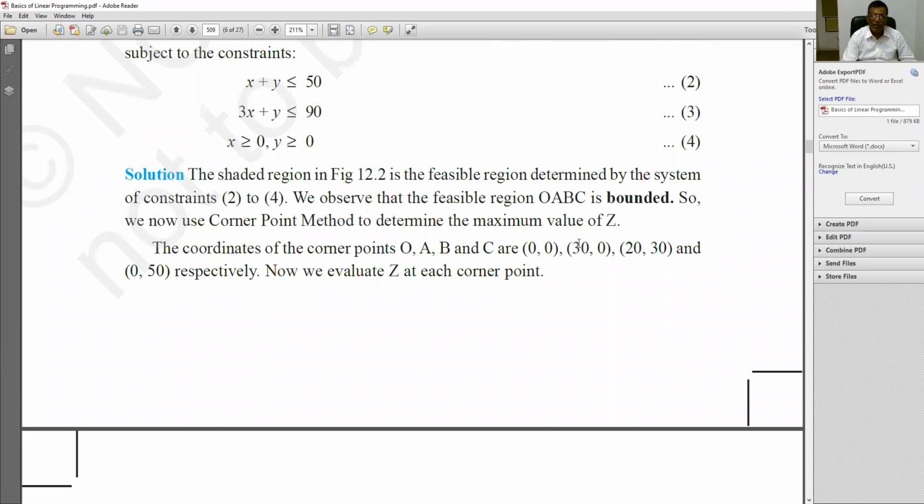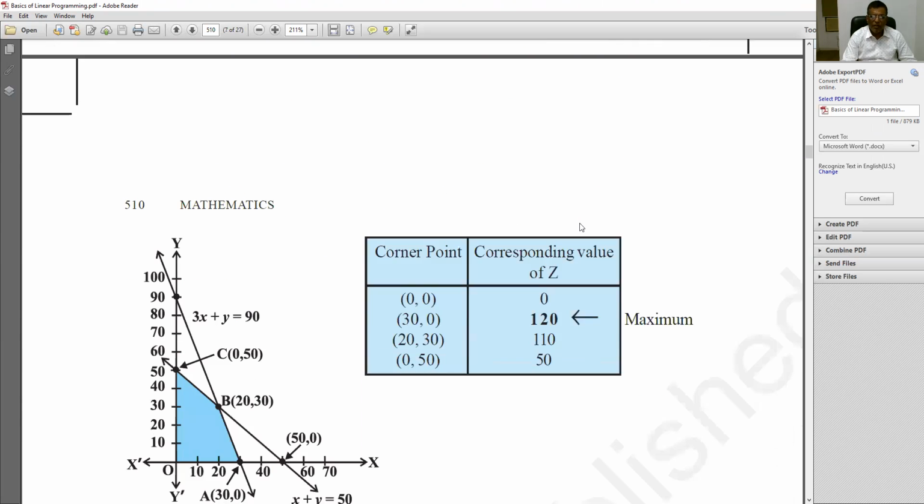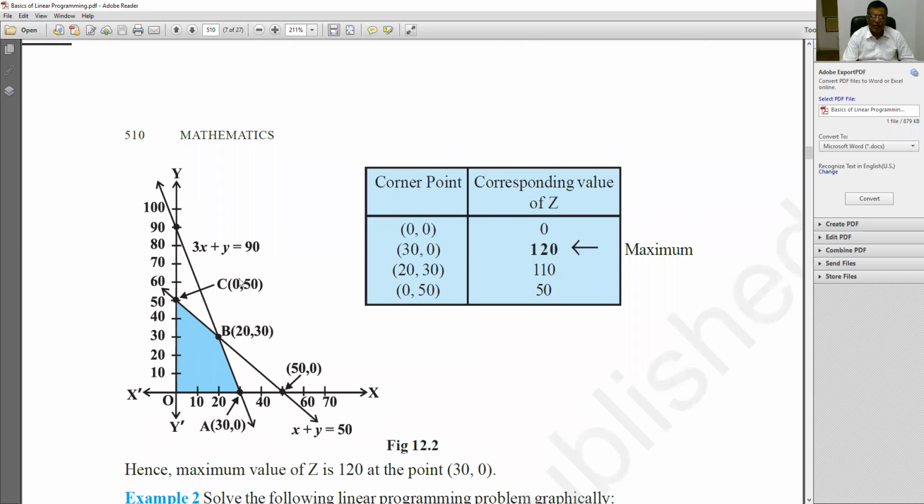If you are putting x is equal to 30, then you can find like that. So in this way, you can have two lines.